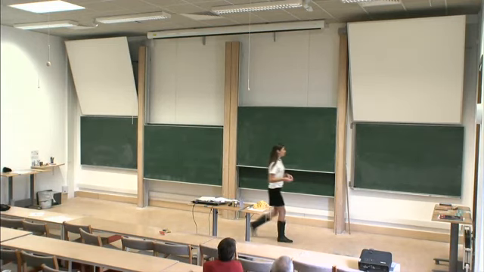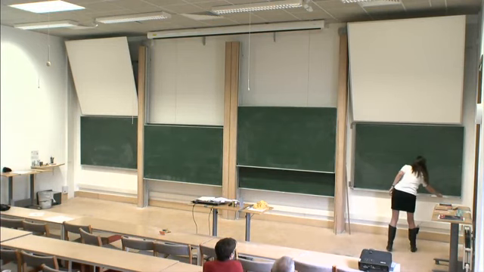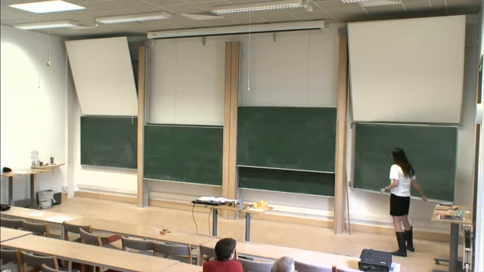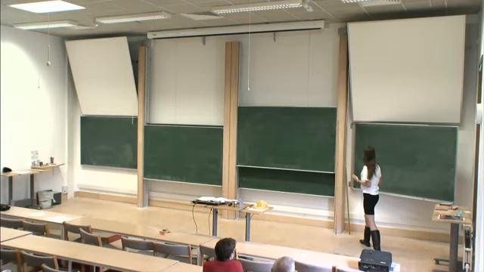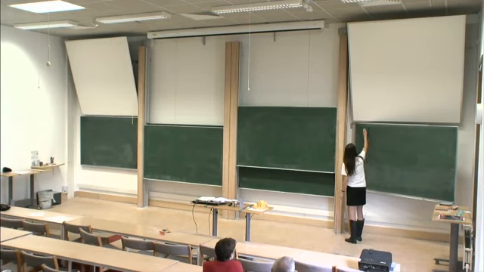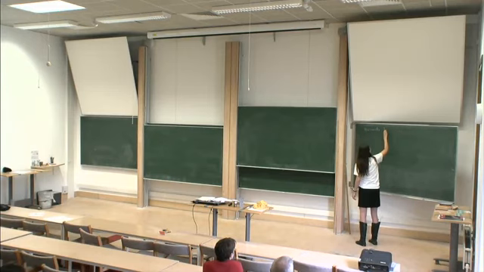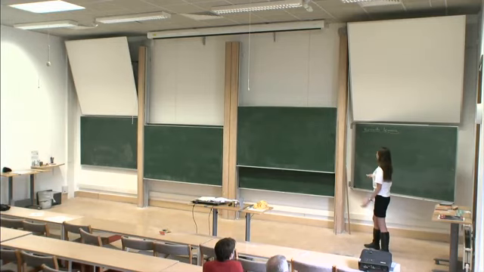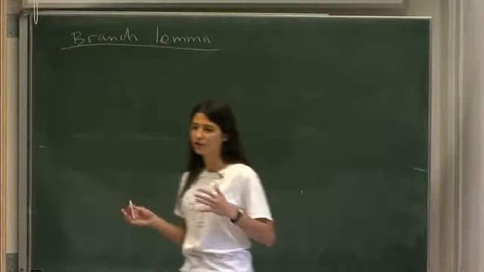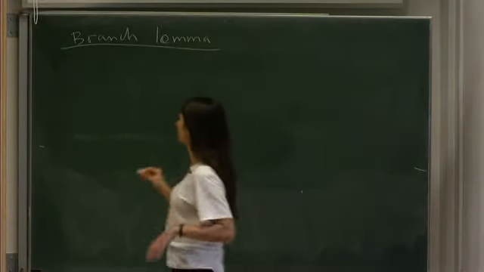So let me start with your prototypical, vanilla branch lemma. This is a few sentences about the general way those branch lemma arguments go, just in the abstract.